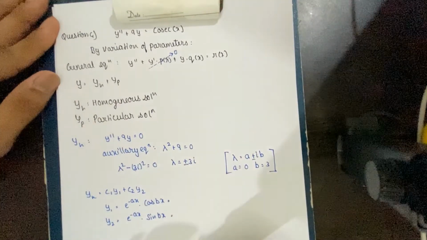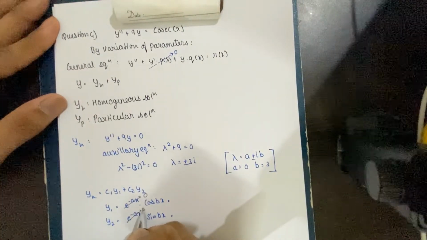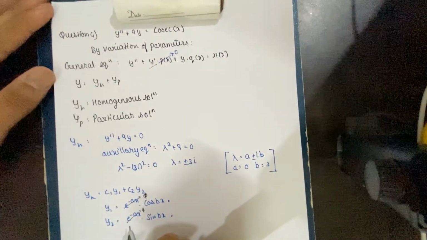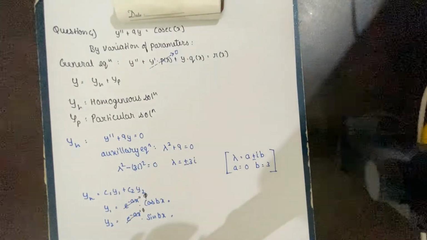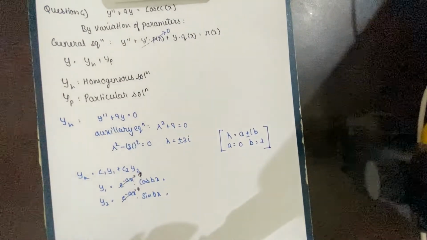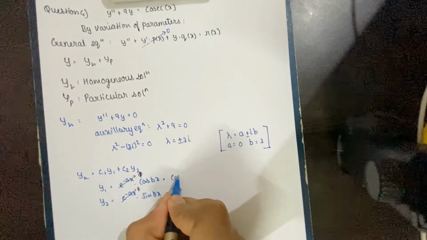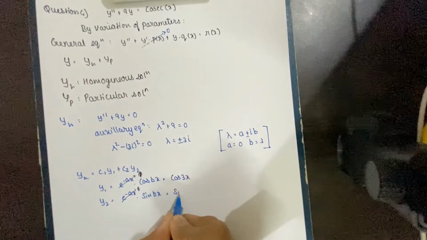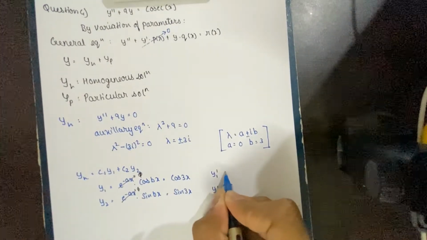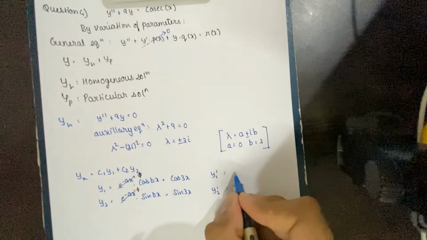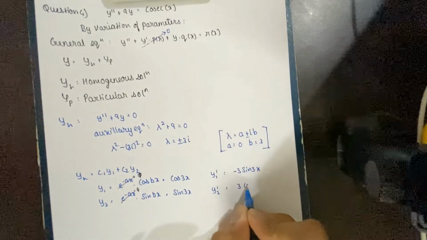Since a is 0, e power 0 becomes 1, and with b equal to 3, you get cos 3x and sin 3x. I'm going to find the derivative of both of these, because we'll be using them in finding the Wronskian: minus 3 sin 3x and 3 cos 3x.